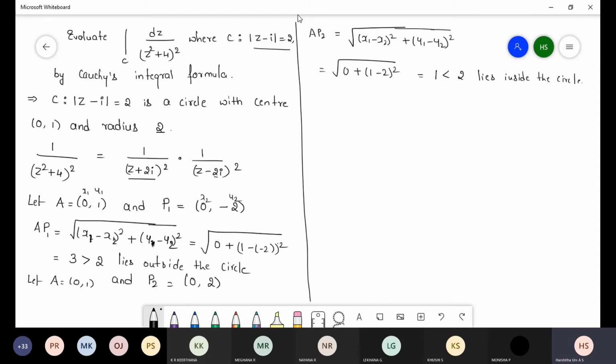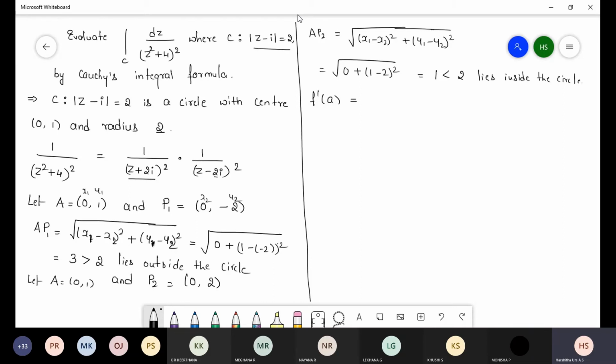Next, applying Cauchy's integral formula, that is f dash of a is equal to, because here power 2 means n plus 1, so our n value is 1. Whatever power they have given, you have to split as n plus 1: so 2 means 1 plus 1, 3 means 2 plus 1, like that.